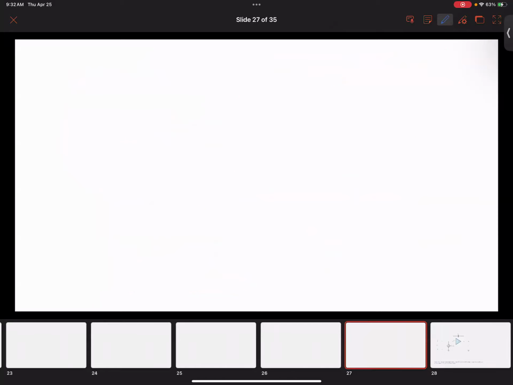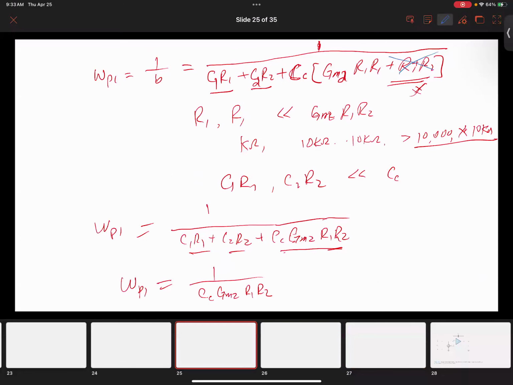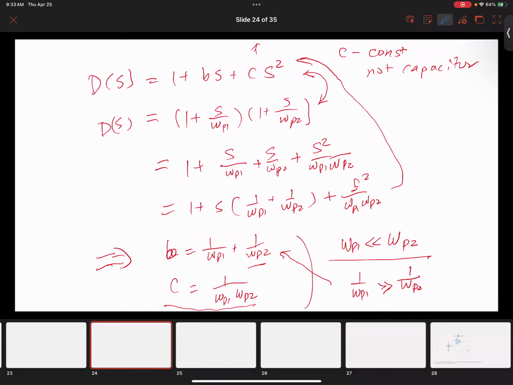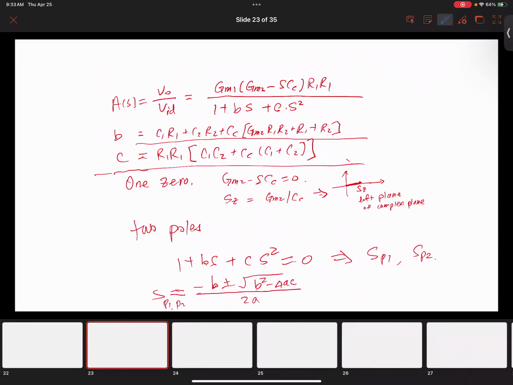At this point, we can further write the expression of the frequency response. Remember the frequency response that we got was A(S) equal to... I just want to go back here. Which is this one, and also we have the equation of SO here.